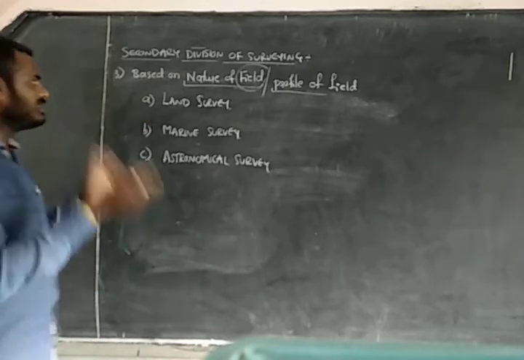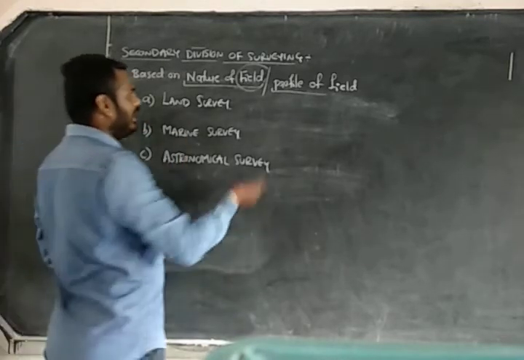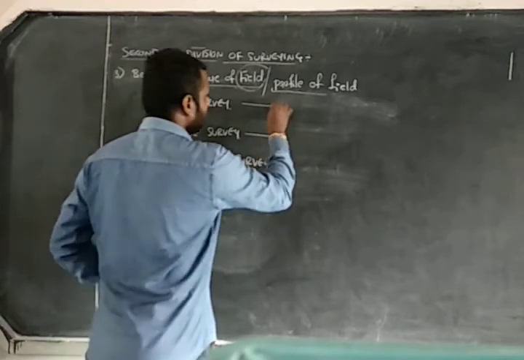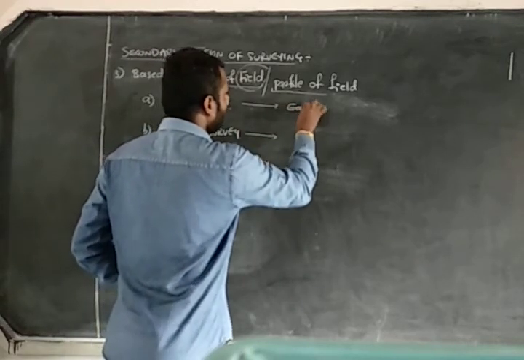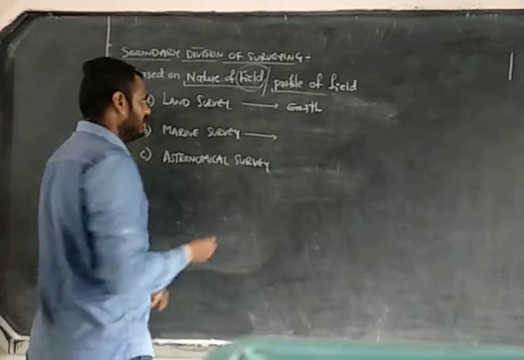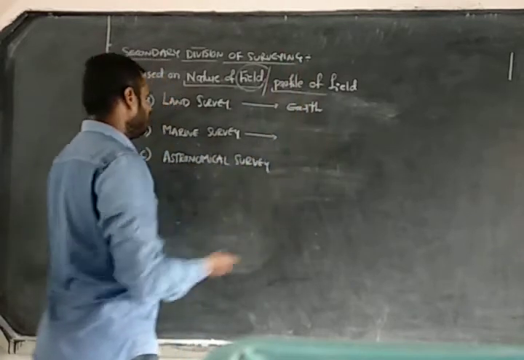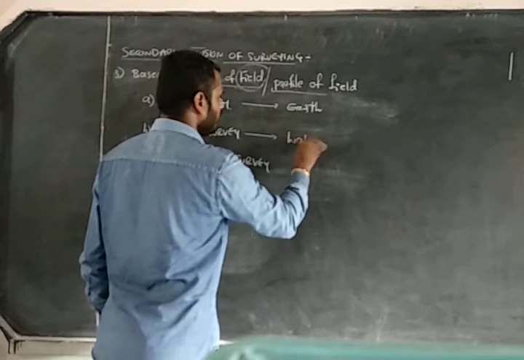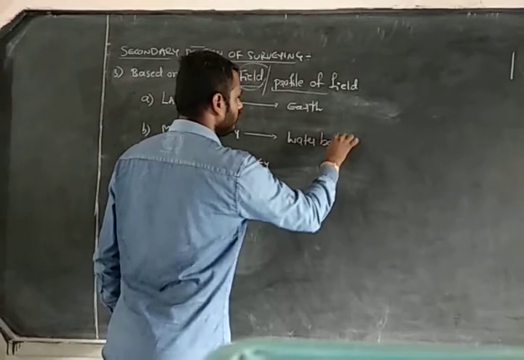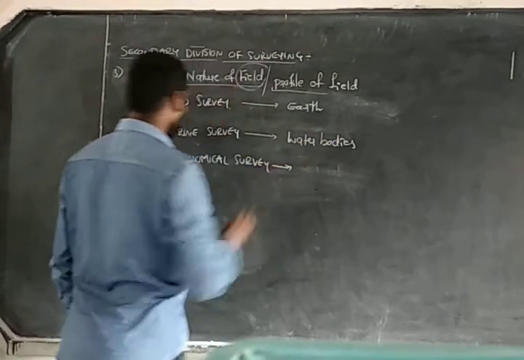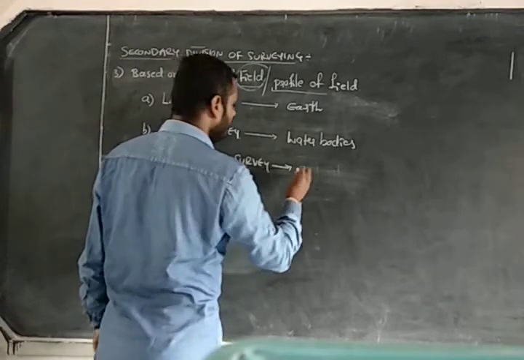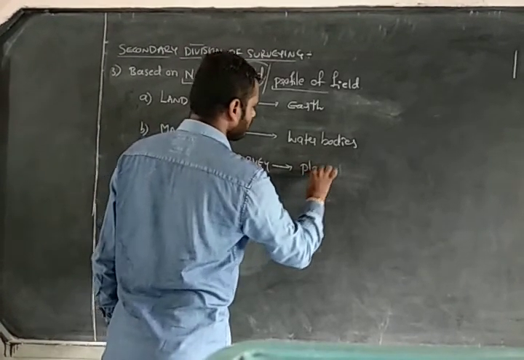As a whole, the planet contains two different parts: the earth crust, on which we have so many features, and the marine, which deals with the water bodies. And the third one is astronomical survey, in which we can study regarding the planets.